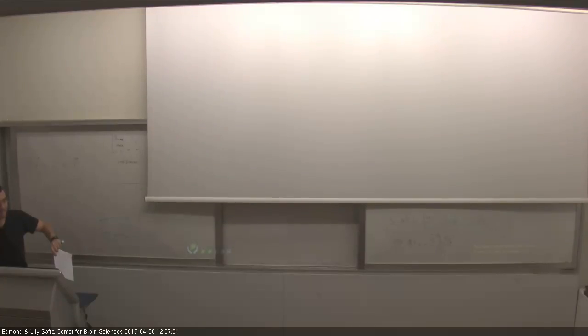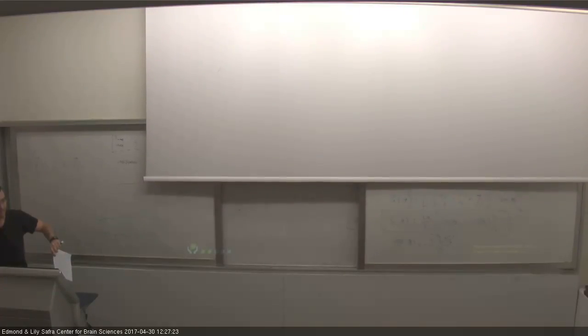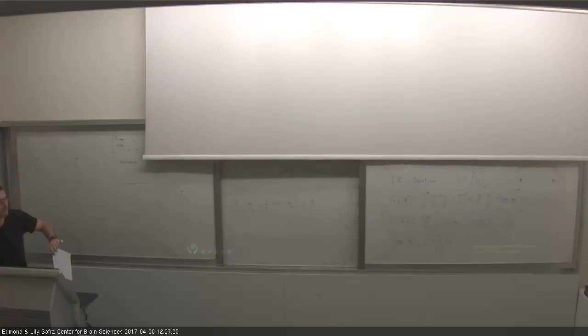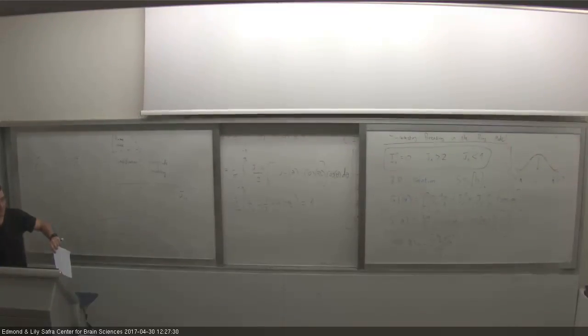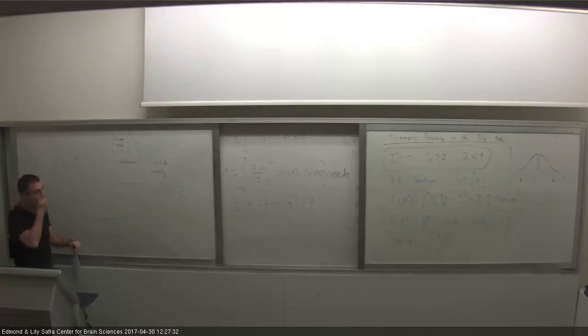More questions? Why is the non-homogeneous fixed point that we got last time stable? Because J1 is still larger than 2, according to the equations.